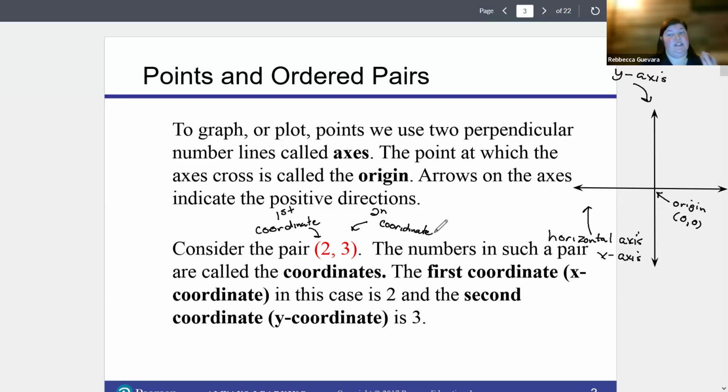The first coordinate is associated with x values, so associated with that x-axis. Your second coordinate is associated with that y-axis. So as far as coordinates go, this one is representing a 2 in the x-coordinate, and this is representing a 3 on the y-coordinate.